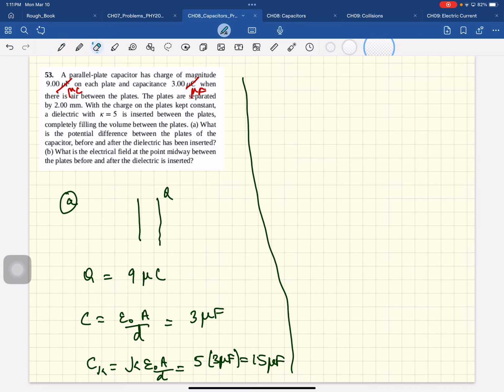All right. What did they ask you? What is the potential difference between the plates of the capacitor before and after the dielectric has been inserted?